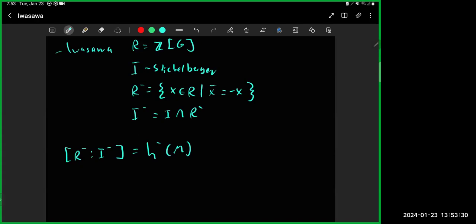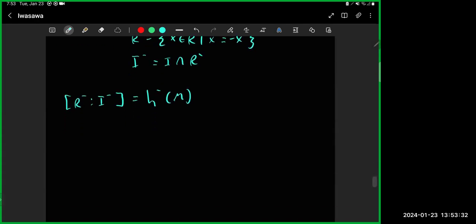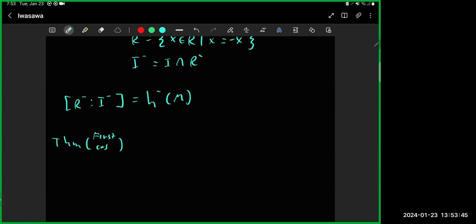Okay, so before moving forwards, let's quickly mention Fermat's theorem. This is called the first case of FLT. There are two cases in classical cyclotomic theory.